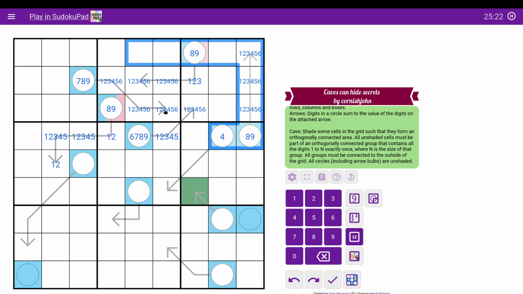Maybe this. I don't see what to do with these two digits being equal.